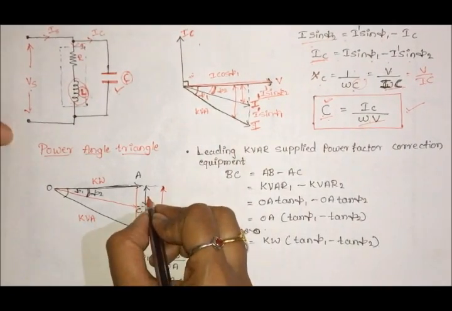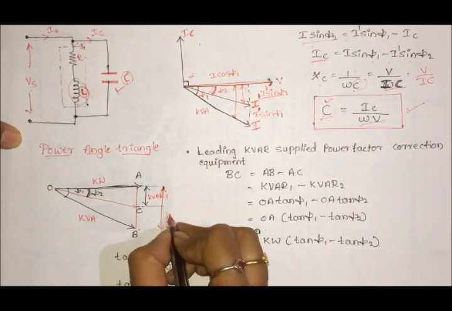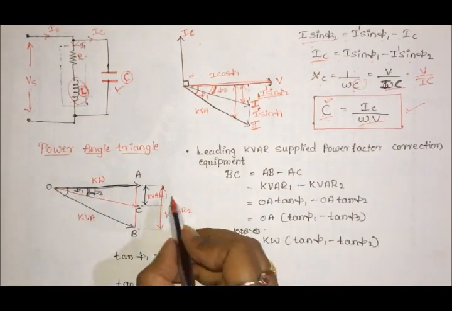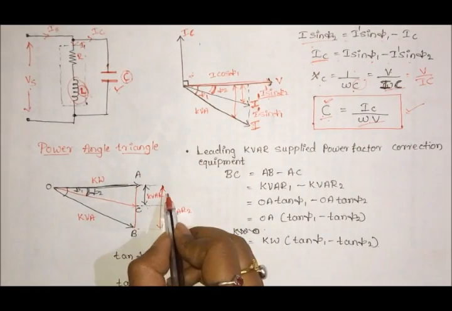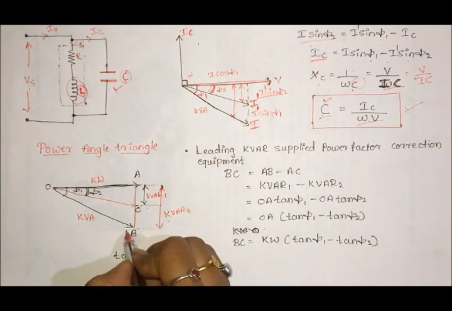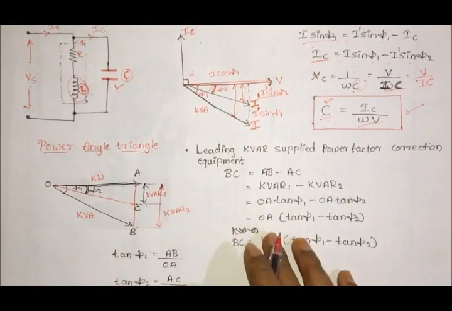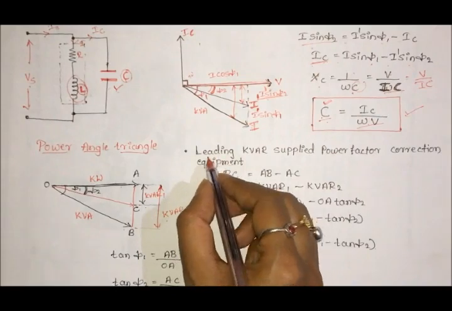This I can name kVAR 1, this kVAR 2. This is the reactive power after connecting the capacitor, and this is the reactive power before connecting the capacitor. This is my apparent power and this is my active power. So leading kVAR is supplied by the power factor correction equipment.